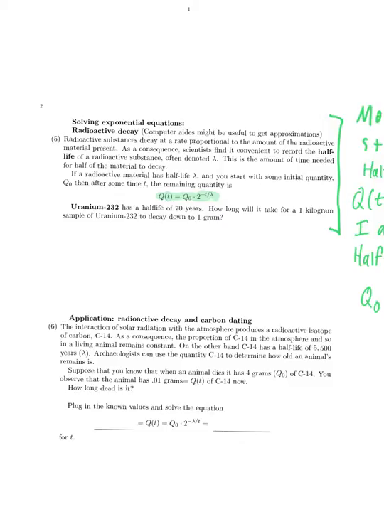So let's set all this up. You're told you start with 1 kilogram. So how long will it take for 1 kilogram to get down to 1 gram? So you start with 1 kilogram, that's q0, you want to eventually get down to 1 gram. So there's the final quantity, what the eventual quantity will be.